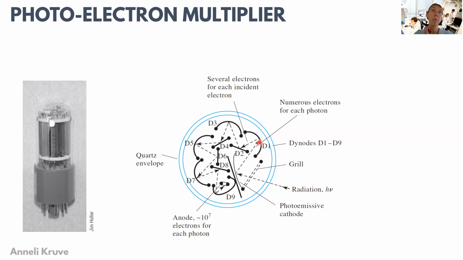However, because phototubes are not super sensitive, the signal can be amplified in the photoelectron multiplier. This can be done by putting a next anode at an even higher voltage relative to the previous anode, and so forth. So we have here 9 different anodes at increasing potential relative to one another.